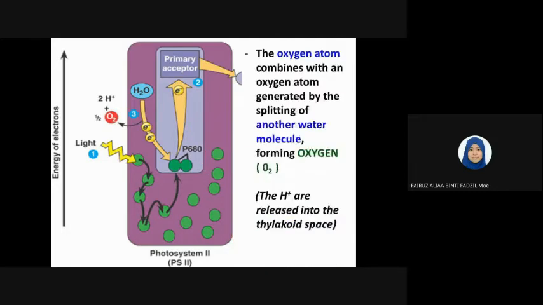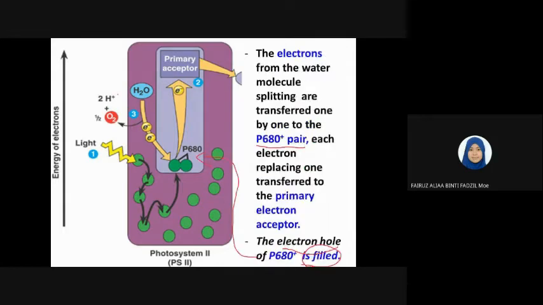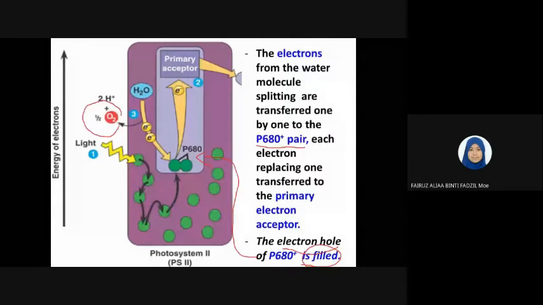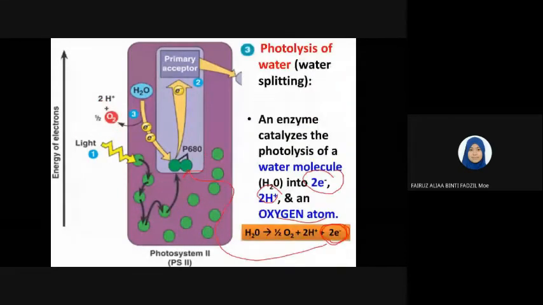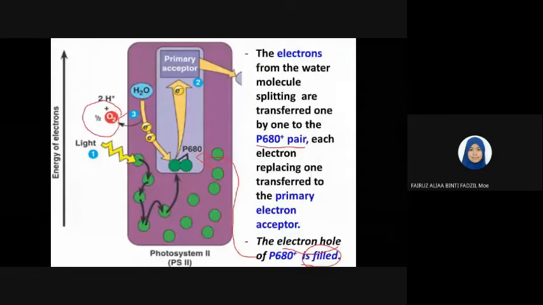The photolysis of one water molecule will produce one oxygen atom, isn't it? In order for us to produce one oxygen molecule, we need 2 oxygen atoms, because an oxygen molecule consists of 2 oxygen atoms, O2.